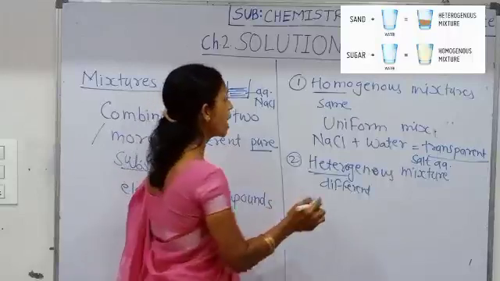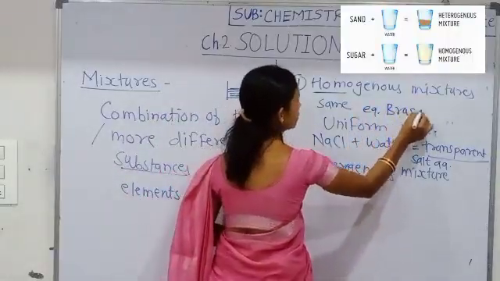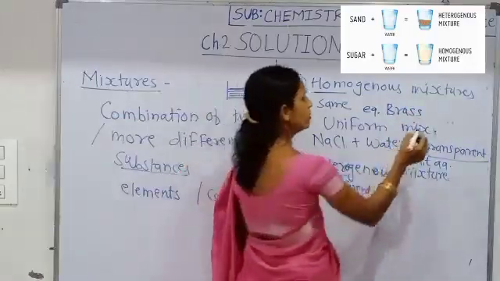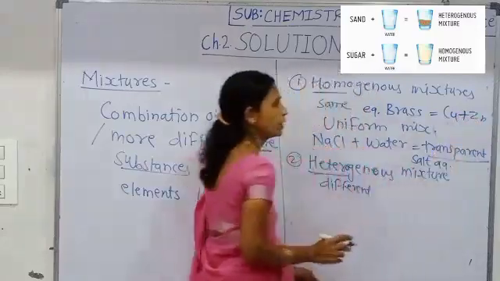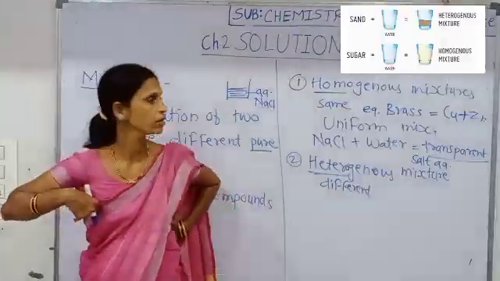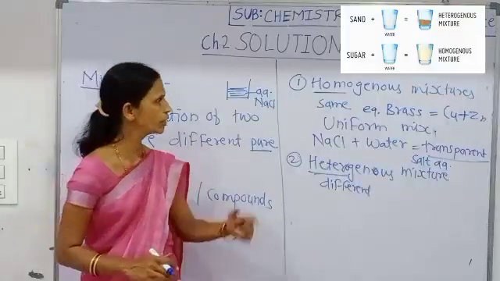As well as brass, that is pittal, which is a mixture of copper and zinc, it is a homogeneous mixture. Alloys are homogeneous types of mixtures.